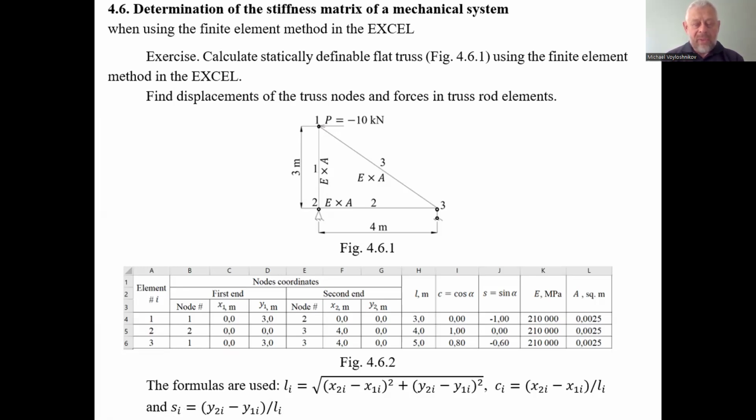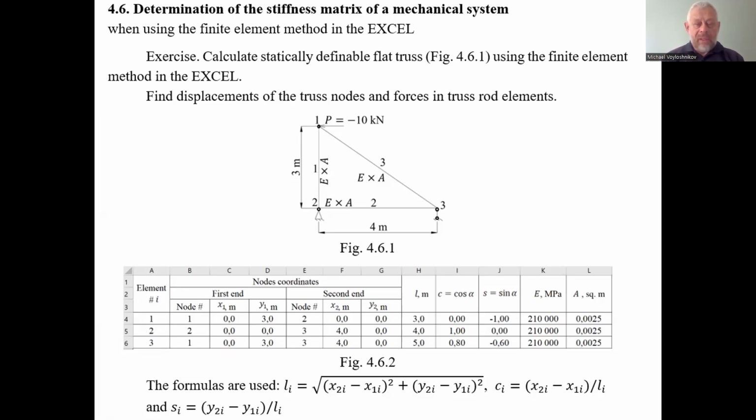We had a truss of 5 finite elements, also hinged, with a fixed hinge support and a sliding hinge. And we used Microsoft Excel, very comfortable, very convenient software to solve problems by the finite element method. Now we will consider solving this problem in Excel.